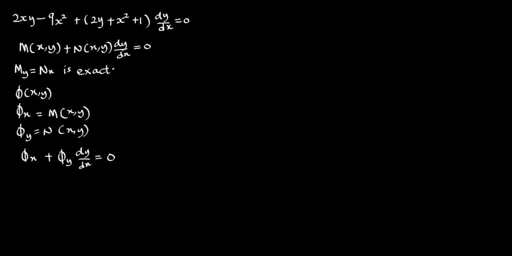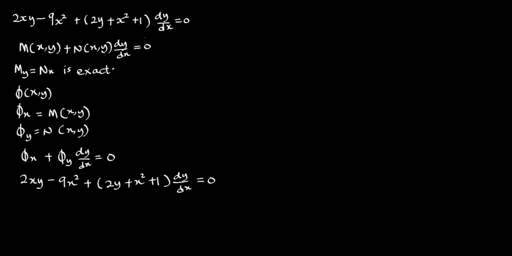So let's look at how you are going to find this function, using this example that I have here. The question is giving us (2xy minus 9x squared) plus (2y plus x squared plus 1) dy/dx, and this is equal to 0. You see that this is of the same form as the general form that I gave.